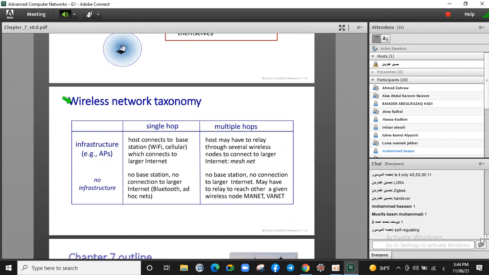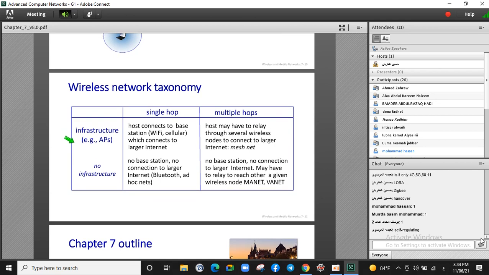Okay, so I can create this table here in slide 11. Our wireless network, I can see a wireless network as a single hop wireless network or as a multi-hop wireless network.